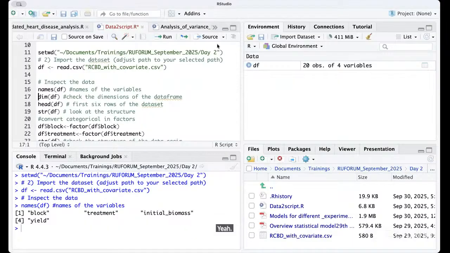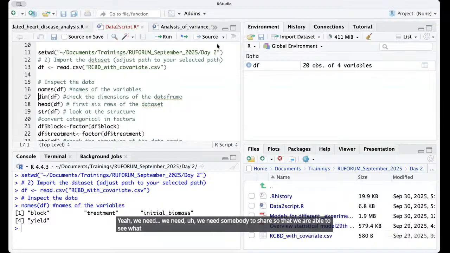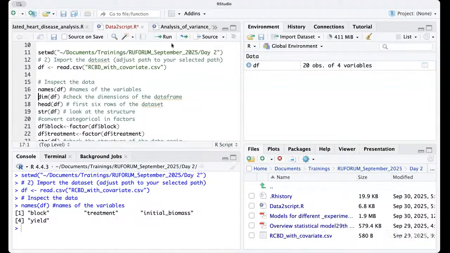Yeah, we need somebody to share so that we are able to see what is going on. Prof. Susan, can you get somebody to call her through to come and try to help? I don't know. It seems to be off his computer. Okay, let me do so.